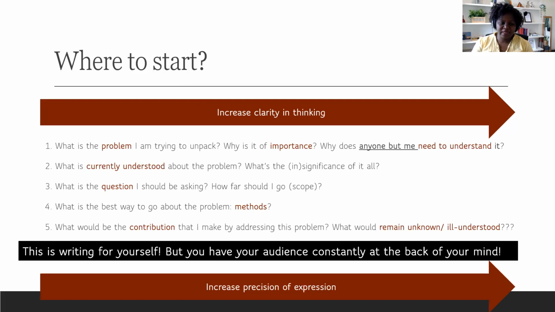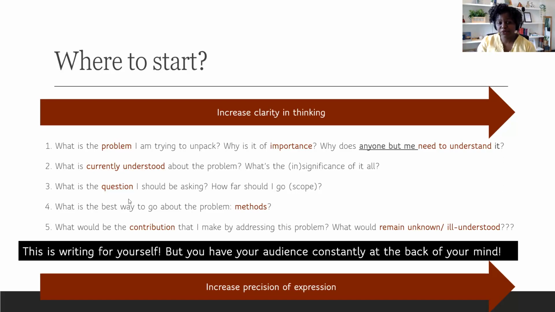And I would say right now, without being obsessed about the order of things and without thinking too much about whether it's perfect or not, can you just try to map out what sort of problem you are looking at, why this problem is important to a broader audience, what you think is currently known about the problem, and what sort of question you should be asking.